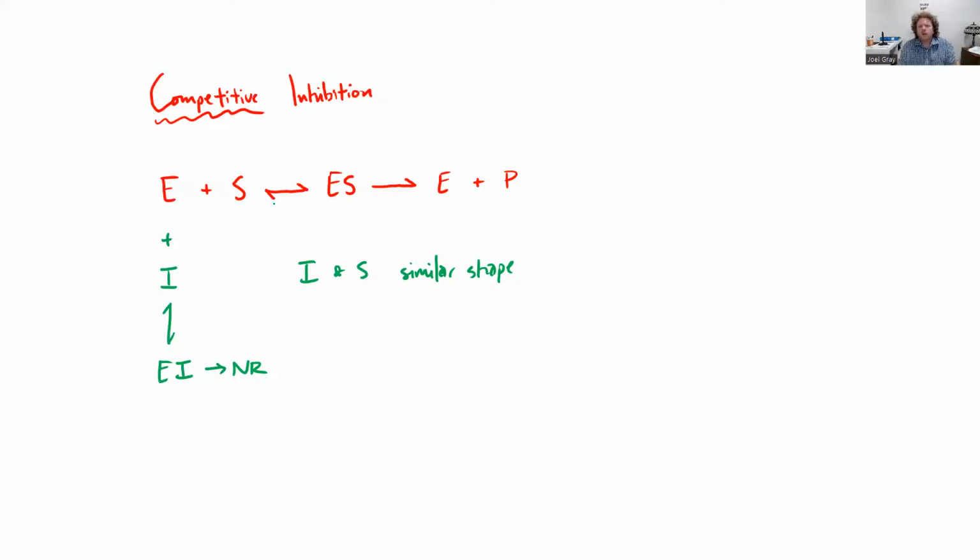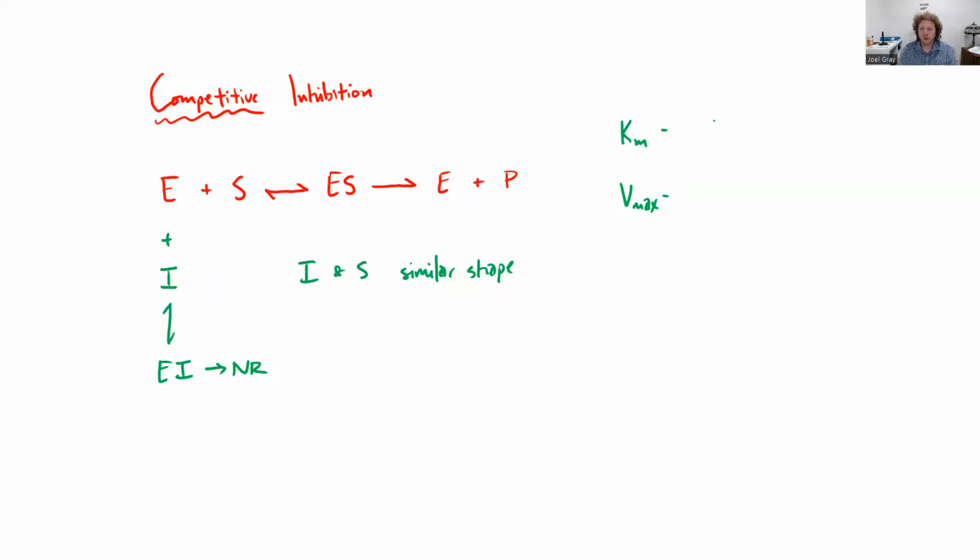Now, whenever we're talking about enzymes and different types of inhibition, we will always want to look at the kinetic parameters of Km and Vmax. If you need a refresher on those, I've got a video covering those two kinetic parameters. But your Km is a measure of the affinity that your enzyme has for your substrate. Vmax is the maximum velocity at which your enzyme can catalyze a reaction.